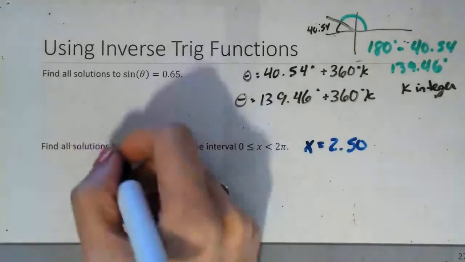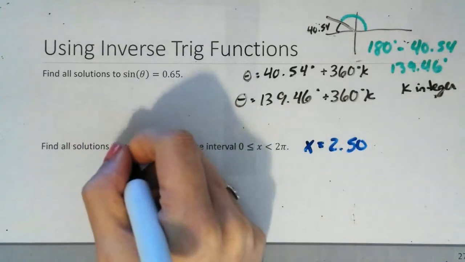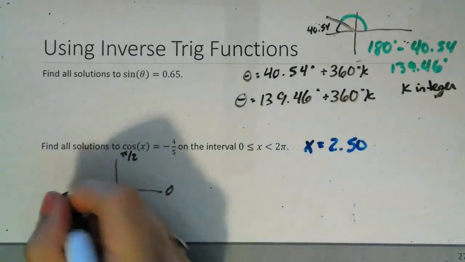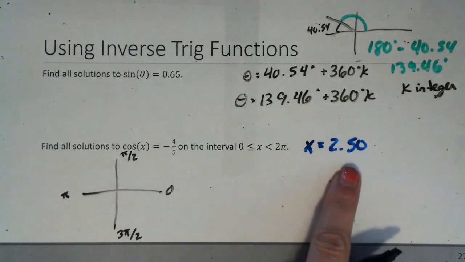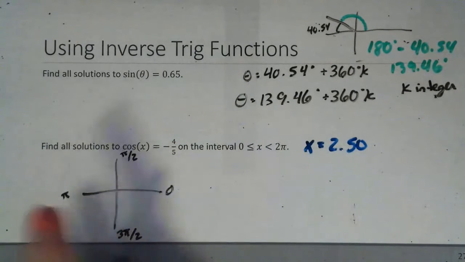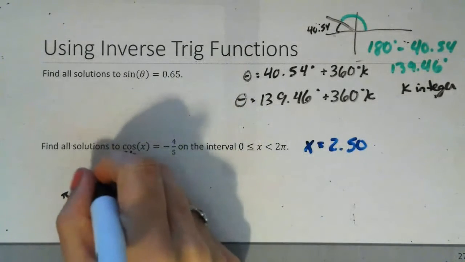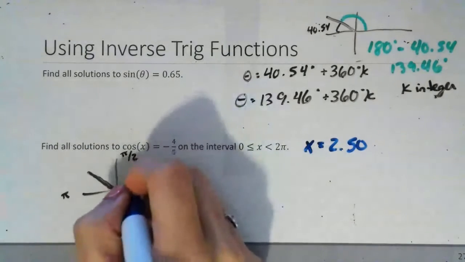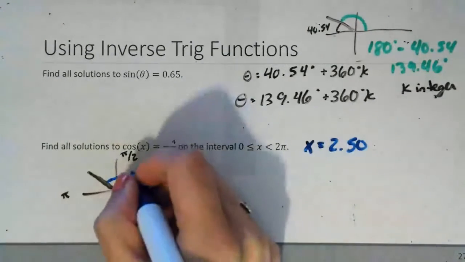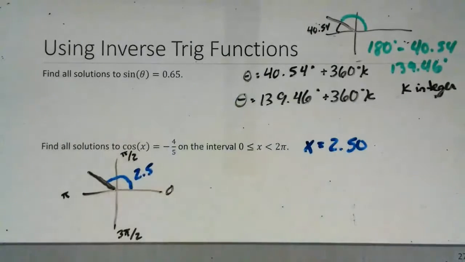So if we're thinking in terms of radians, this is 0, pi over 2, pi, 3 pi over 2. 2.5 is less than 3.14, so this is putting us in quadrant 2. So we know that that angle is 2.5 radians.